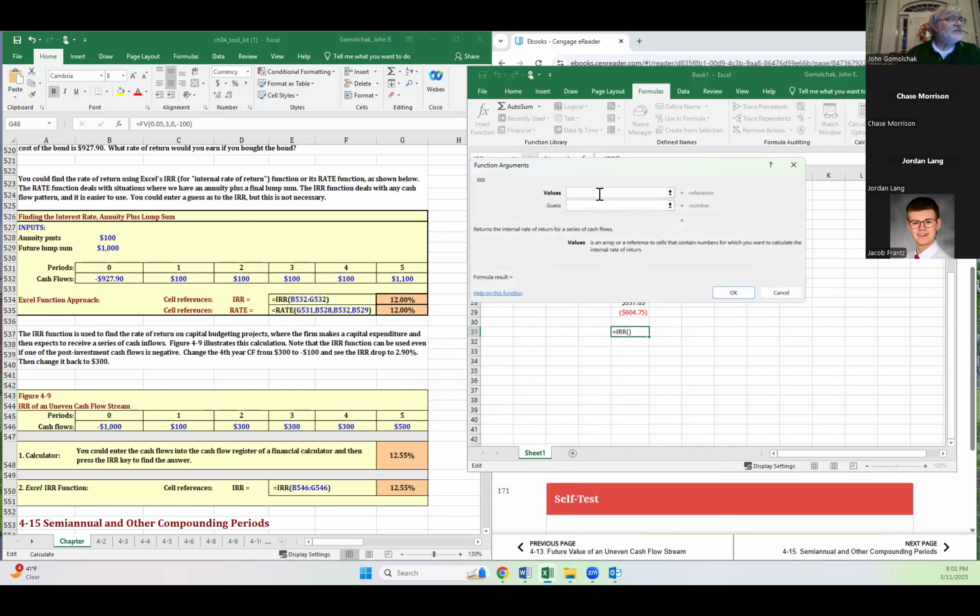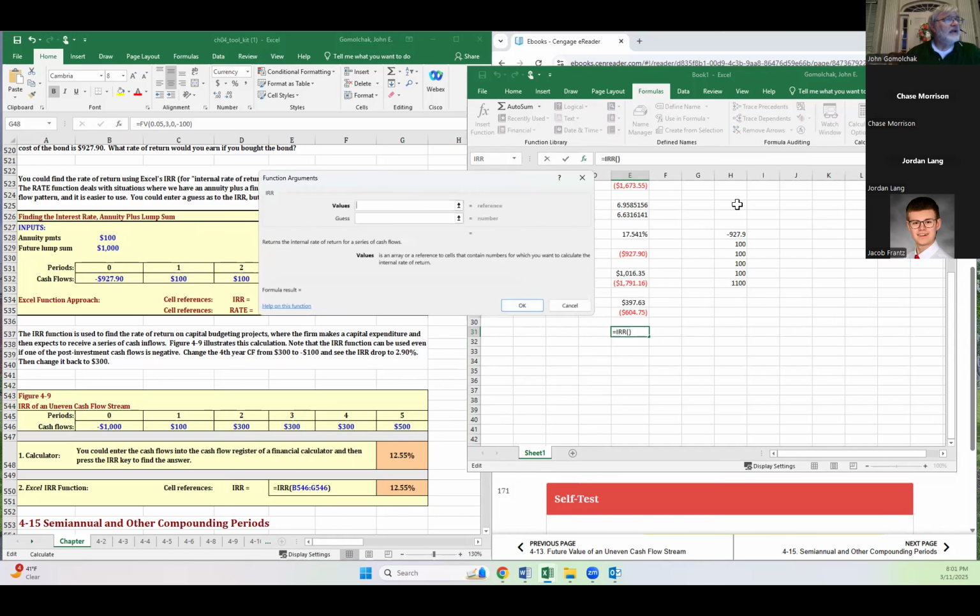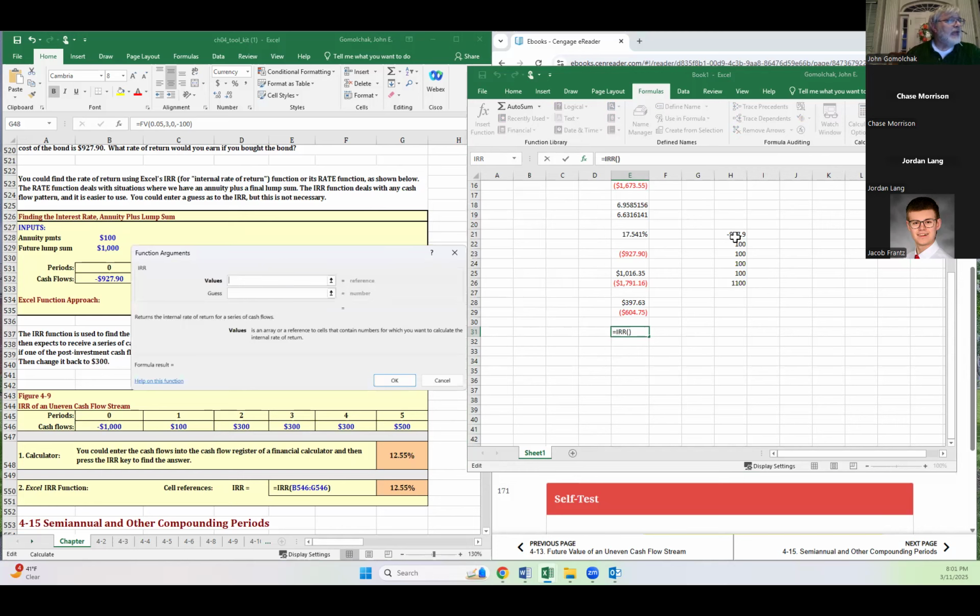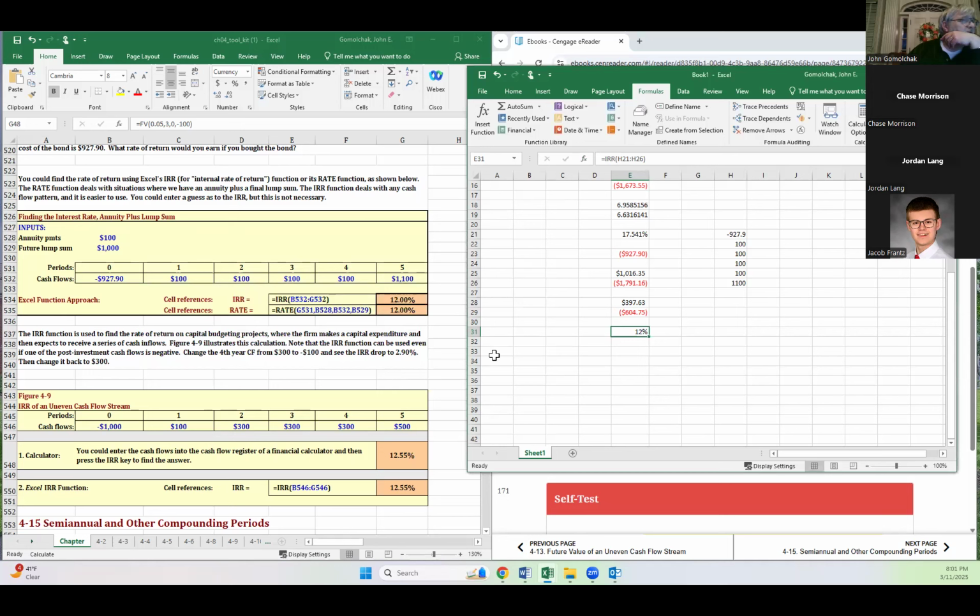Okay, values are going to be H21 colon H26. I could take a guess, but I don't think I have to. All right, it told us it was a 12% internal rate of return.